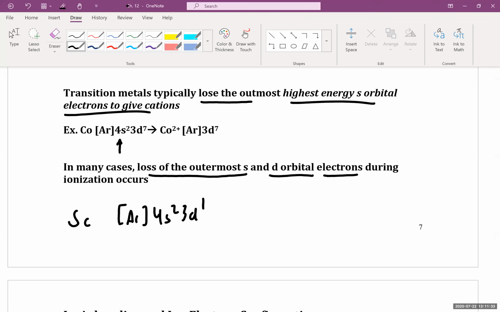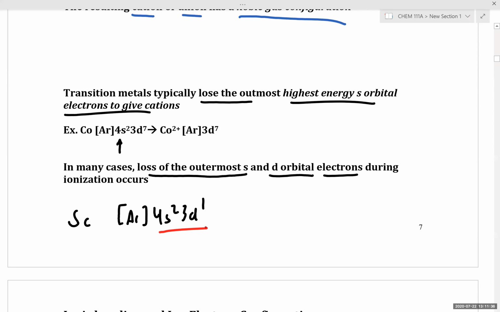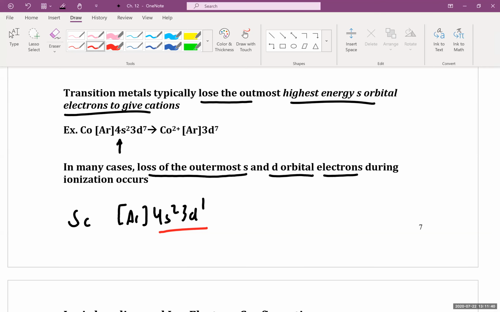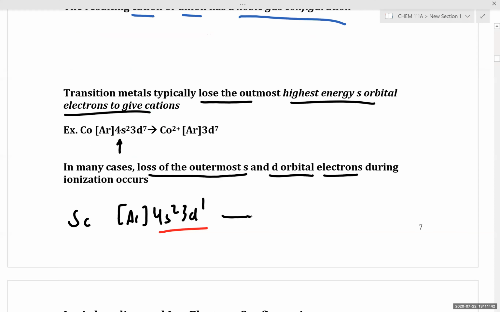If we wanted to lose all of our electrons beyond our noble gas core, we'd need to lose our 3 electrons, and that in turn would give us a noble gas configuration for scandium 3+. So transition metals can sometimes lose not just their s electrons, but also their d electrons to generate an ion with a noble gas configuration.